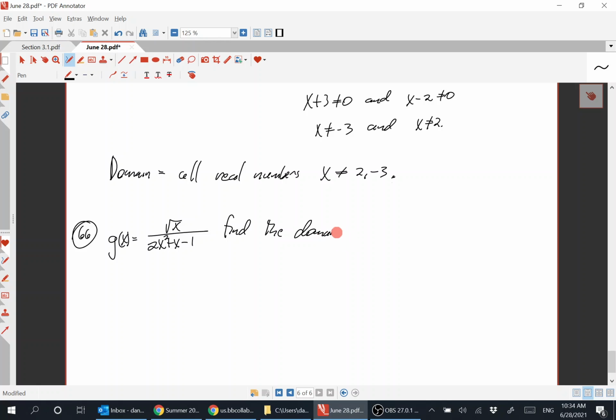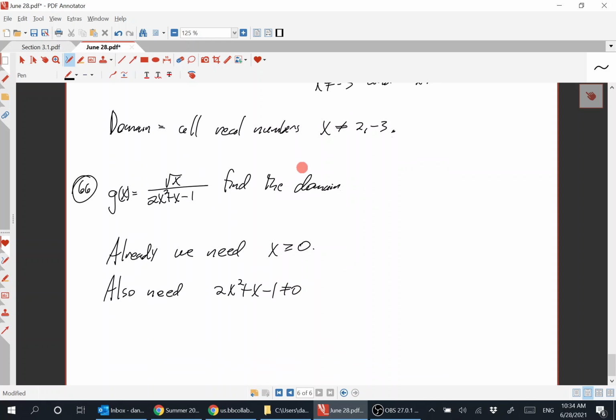Okay, well, again, there's two problems that can arise: trying to take the square root of a negative number or dividing by 0. So in this one, already we need x bigger than or equal to 0 in order for square root x to be defined. And we also need 2x squared plus x minus 1 not 0.